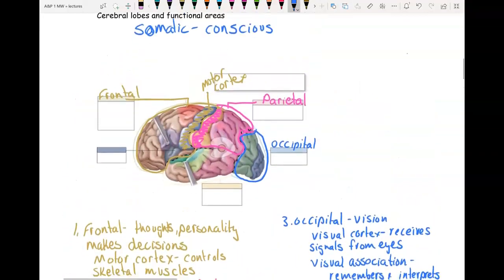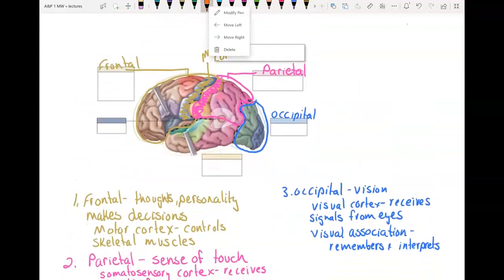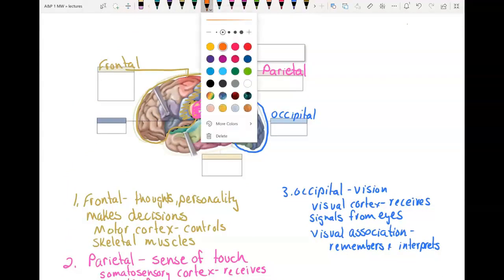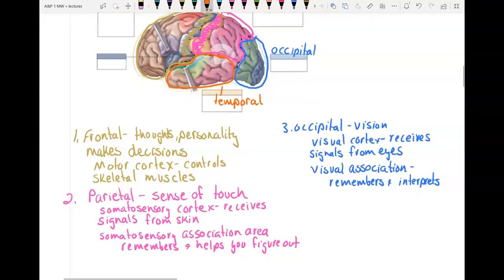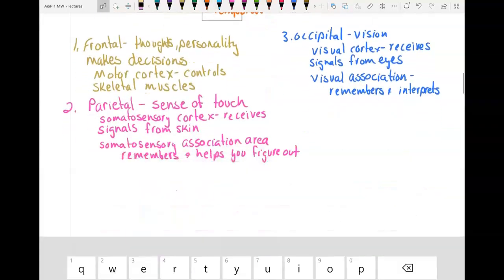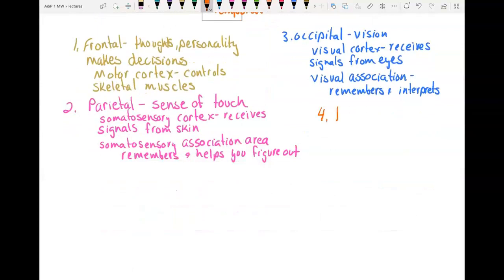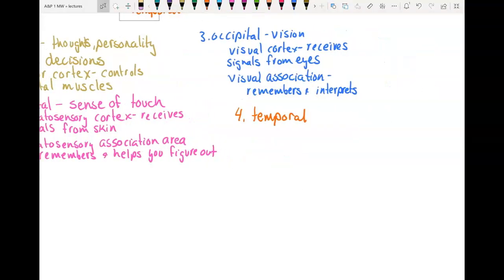Then if we come around to the side, we have temporal. Temporal has two senses. It has hearing and smell.